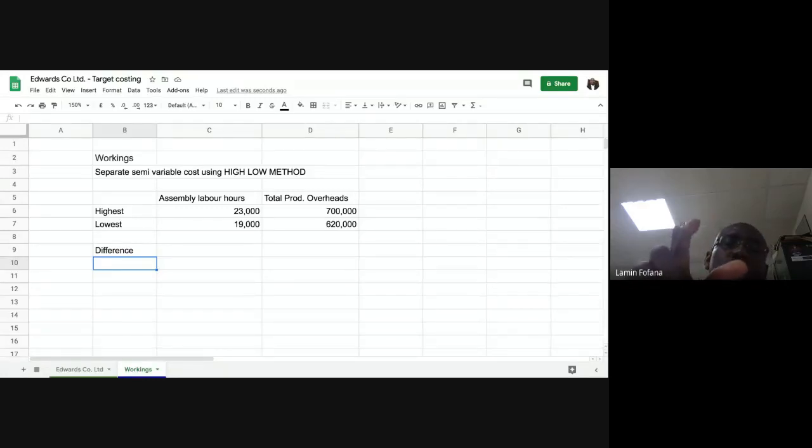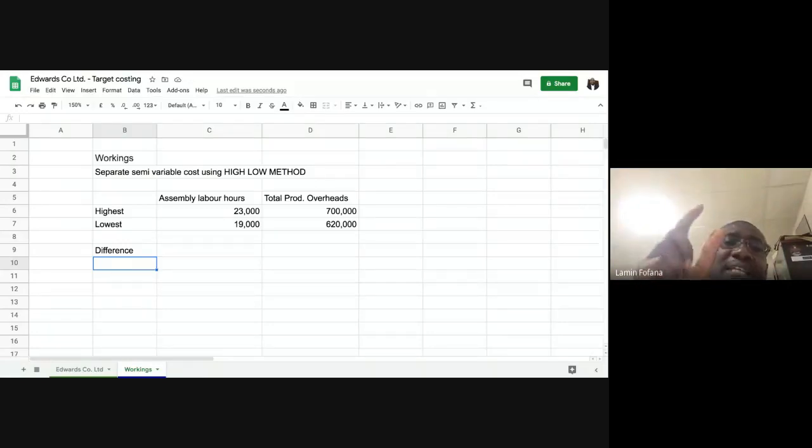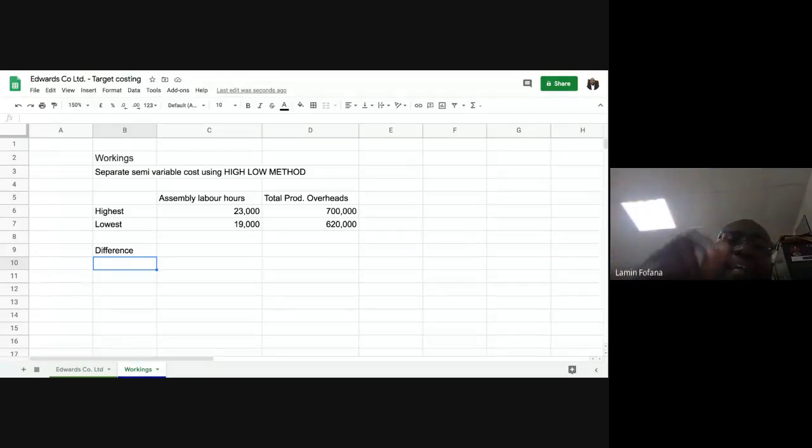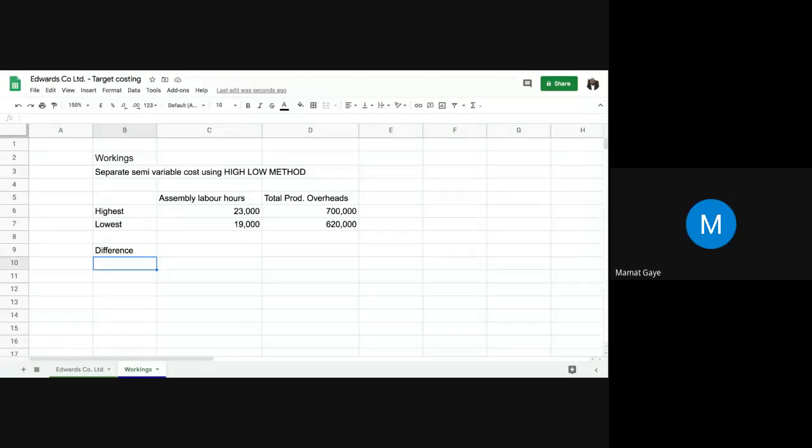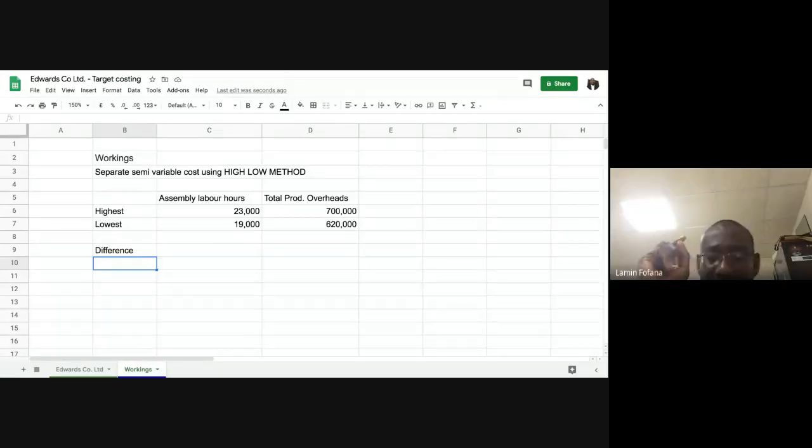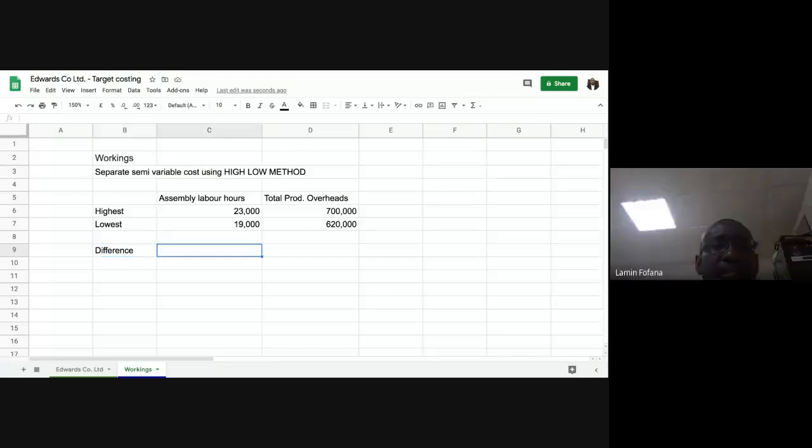Take note, the highest activity level might not necessarily have the highest production overhead. What you are after is the highest activity level and the lowest activity level and their corresponding overheads. Okay, that's what I was asking. Yes, exactly. I hope it's clear now.